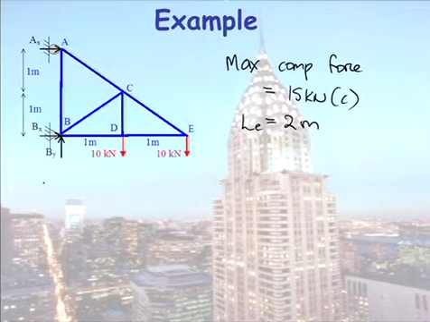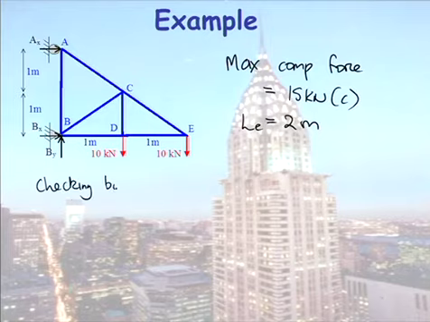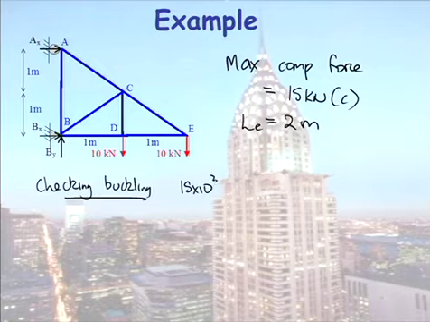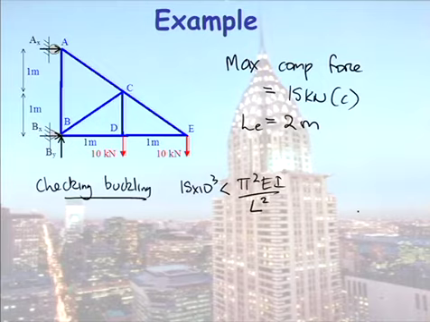So now checking buckling. We would set our buckle load to be 15. So P, the force acting, has to be less than our buckling capacity. In here, E for steel is 200,000.